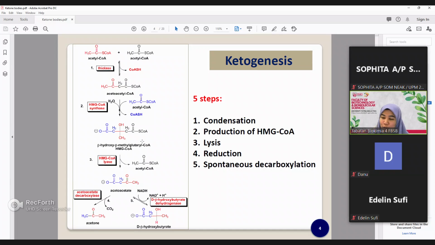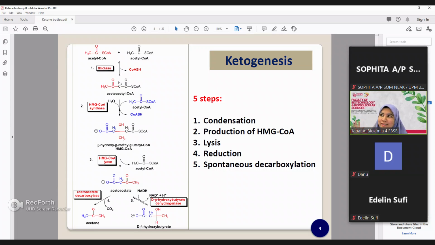One thing you need to know is that the enzyme HMG-CoA lyase is only present in the liver mitochondria. Therefore, it does not interfere with cholesterol synthesis that occurs in the cytoplasm.